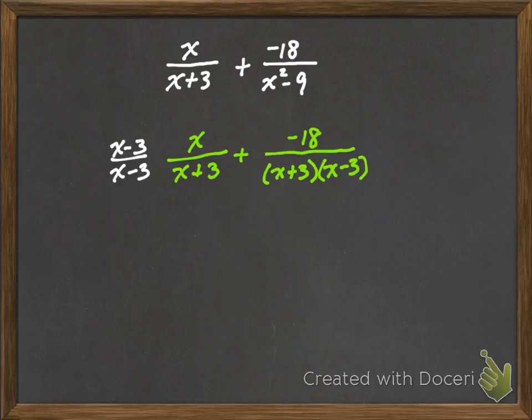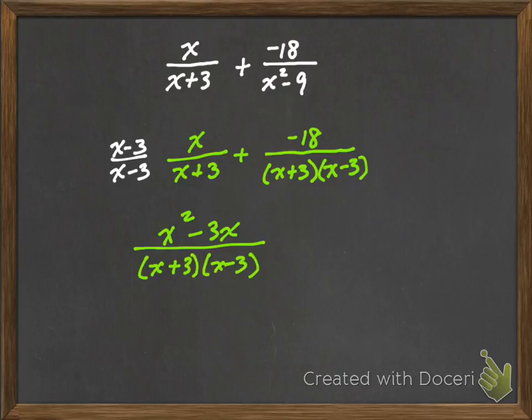All right, so multiplying, that is going to give us x squared minus 3x over x plus 3, x minus 3, plus negative 18 over this.